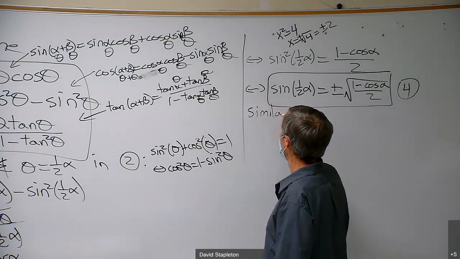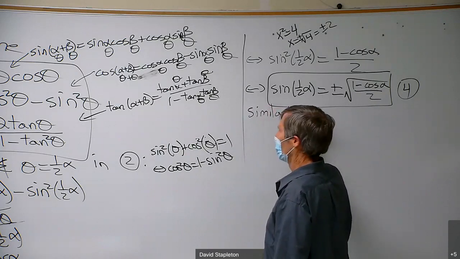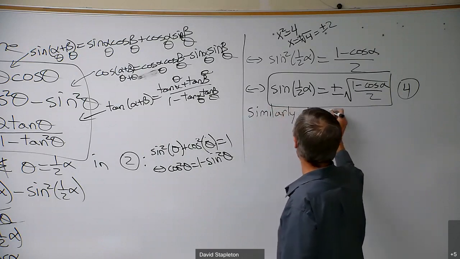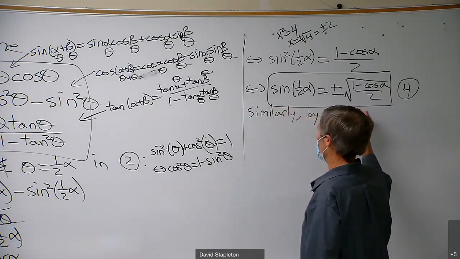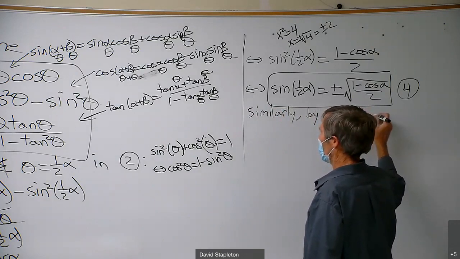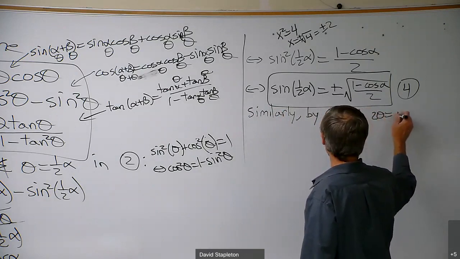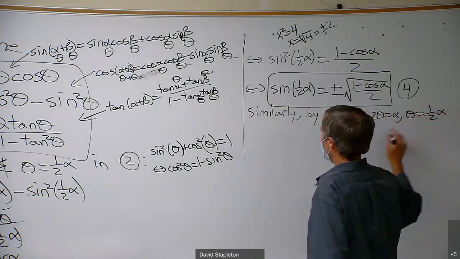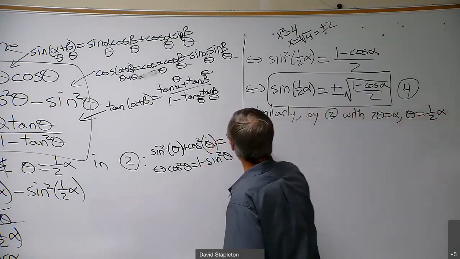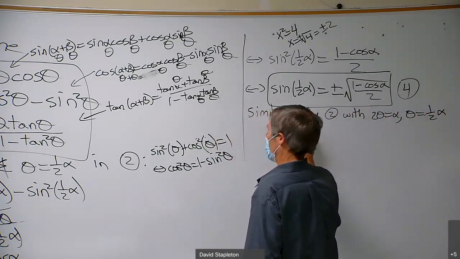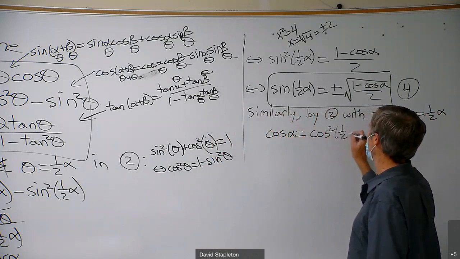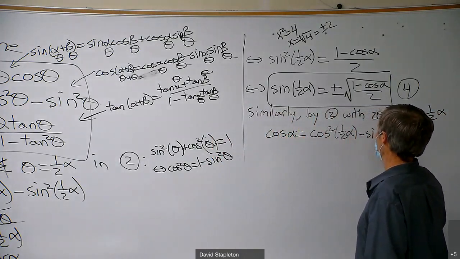Similarly, with, just as before, 2 theta equals alpha, theta is a half alpha. I get, just like I did here, cosine alpha equals cosine squared of a half alpha minus sine squared of a half alpha.